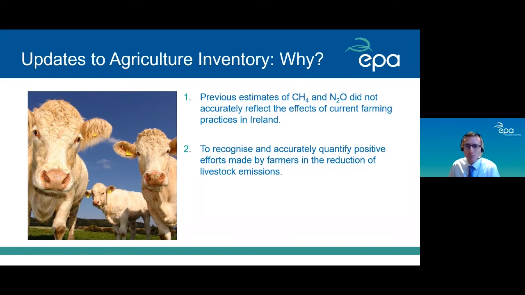And new data sources, so we constantly want to keep up to date with that, and therefore we've followed that. And also secondly, going forward, to recognize and accurately quantify the emissions mitigation measures that are starting to come online, and that a lot of farmers are doing, or starting to do, on the ground, so that these are reflected in national inventory numbers.